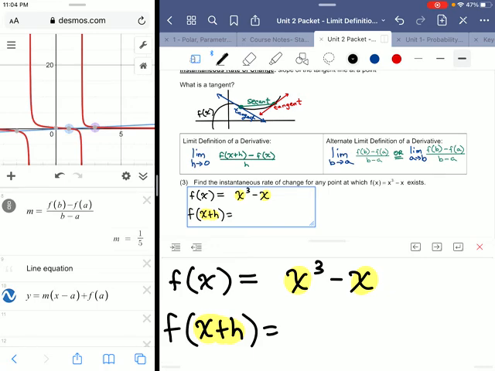So if I said f of 2, I replace every x value in a function with the number 2. If I say f of smiley face, I replace every x value with a smiley face. In this case, I'm saying f of x plus h, so I'm going to replace every variable in the function with an x plus h. So instead of an x, it's like we're upgrading it to an x plus h.